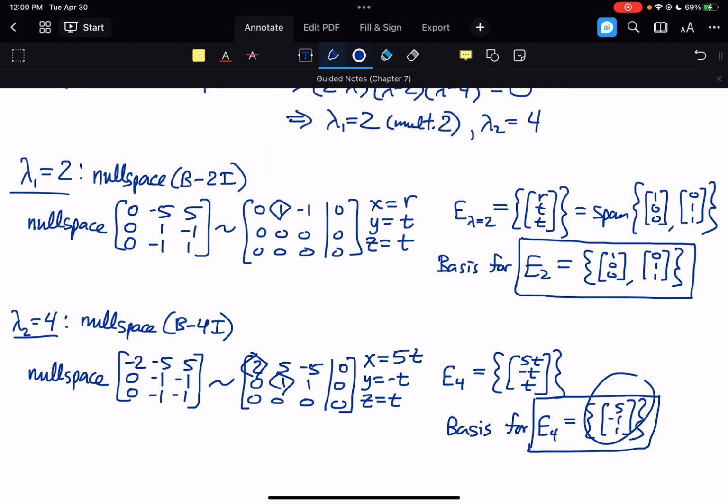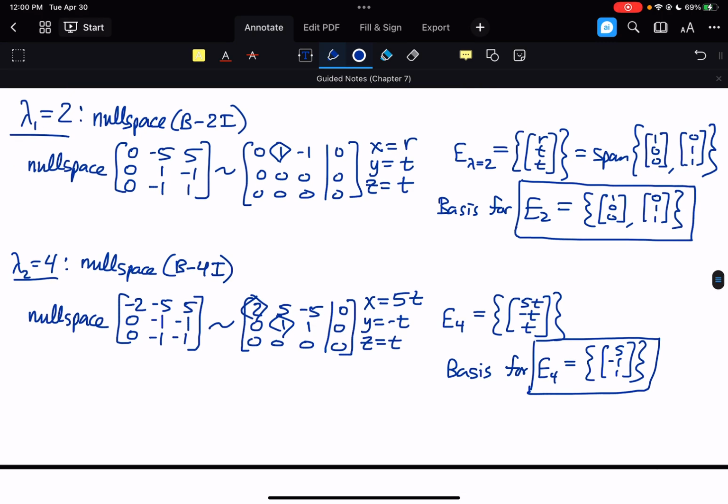So we have 3 linearly independent eigenvectors for a 3 by 3 matrix. Thus, B is non-defective.